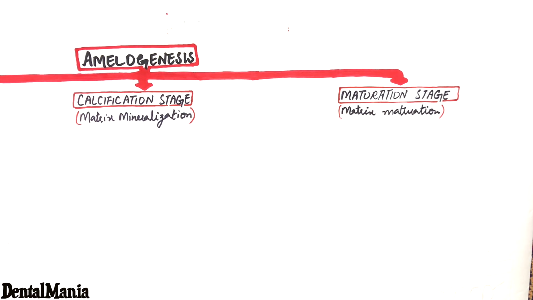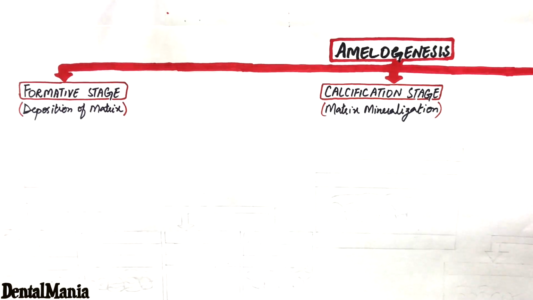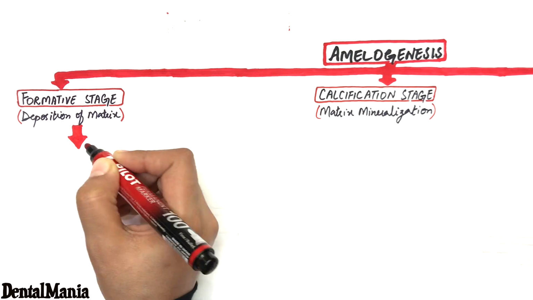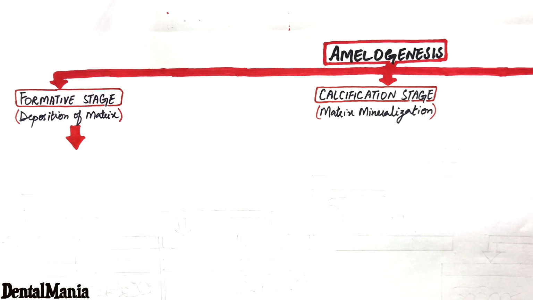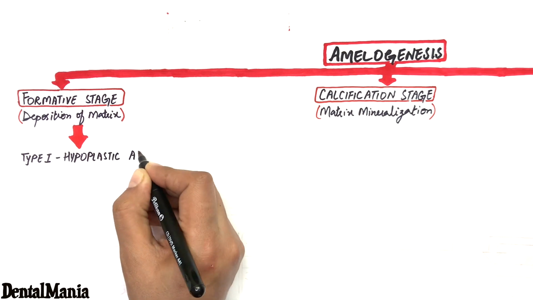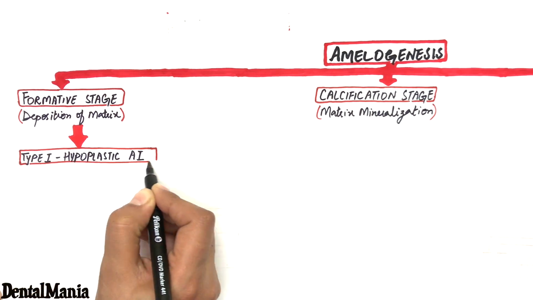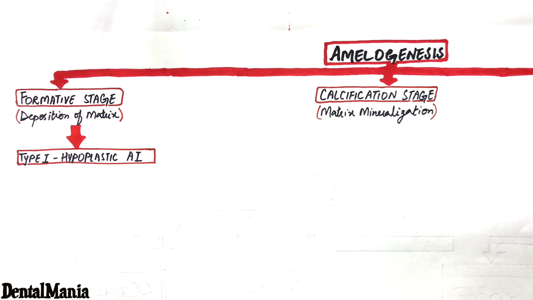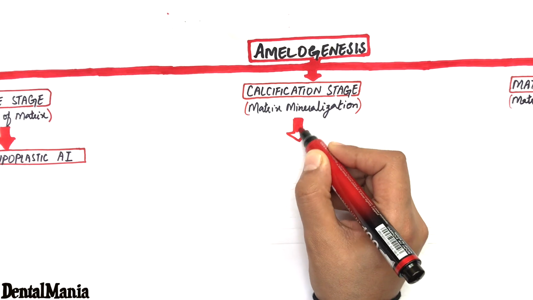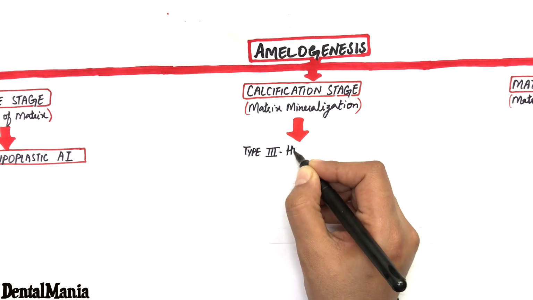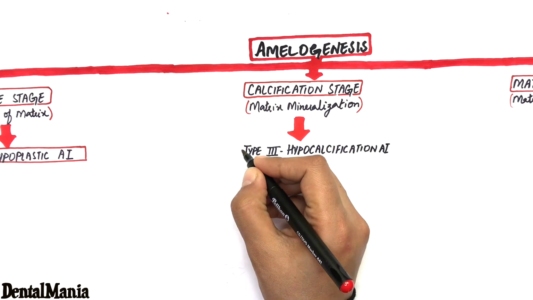Based on improper amelogenesis in each specific stage, amelogenesis imperfecta can be divided into four types. Defects in the formative stage lead to type 1 or hypoplastic amelogenesis imperfecta. Defects in the calcification stage lead to type 3 or hypocalcification amelogenesis imperfecta.